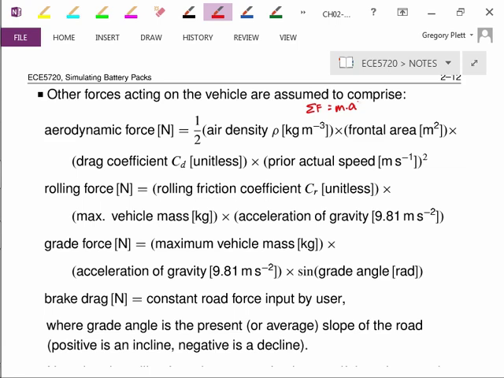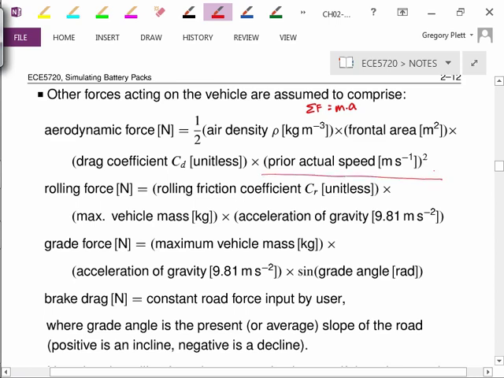So one of the forces acting on the vehicle is an aerodynamic drag, and that's in newtons. And this is a standard calculation. It's 1/2 times the air density times the frontal area, equivalent frontal area of the vehicle, multiplied by a drag coefficient, and then multiplied by velocity squared.